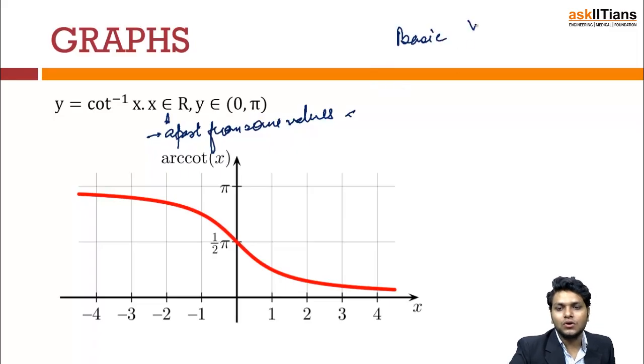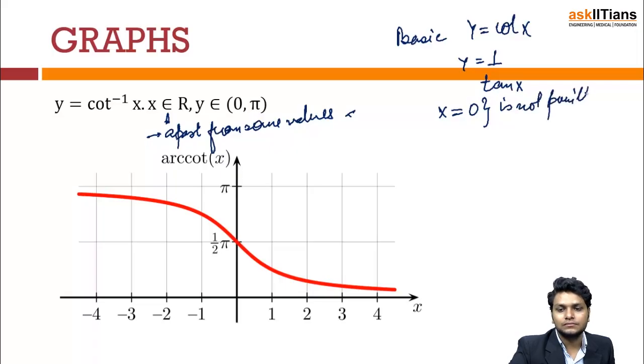Suppose y was equal to cot x. Cot x is nothing but 1 over tan x, which means where tan is 0, cot x will not be defined at that point. So x equals 0 is not permitted, because if x becomes 0, y will become 1 by 0, hence it is not possible.